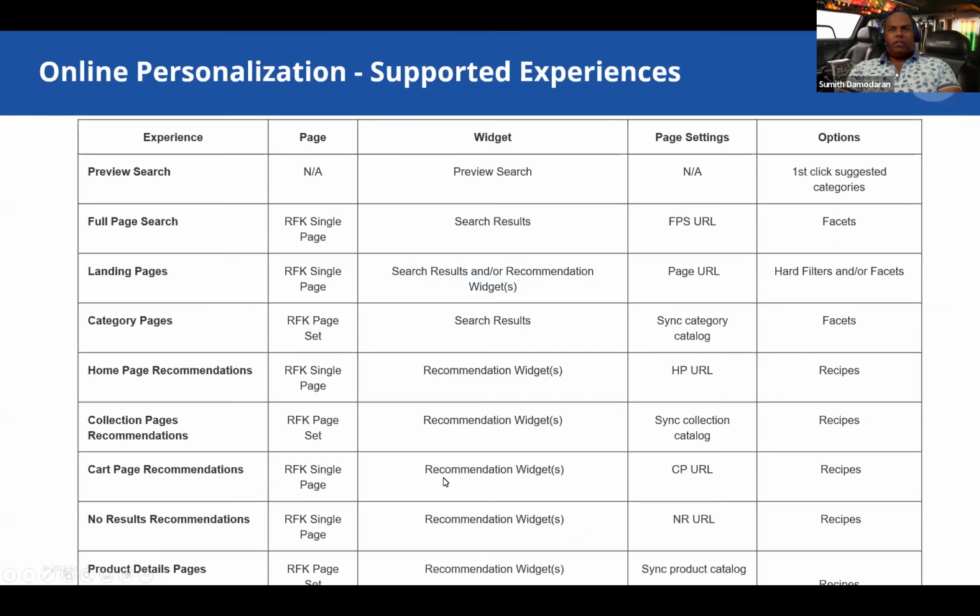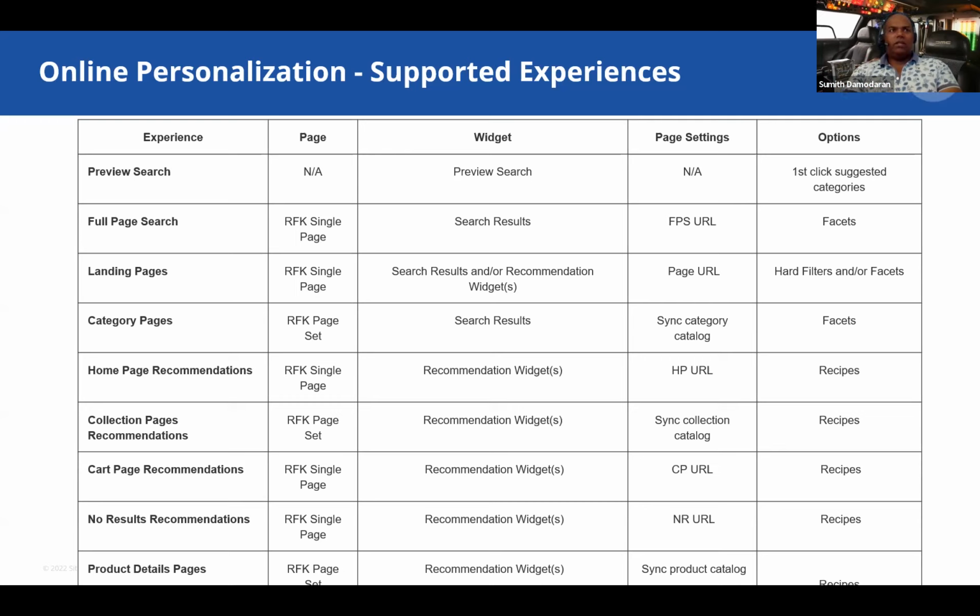I just wanted to reiterate this one. Similar concept to people who have worked in the space of Sitecore, where we build pages or experiences and then you use widgets. In Discover, we call them experiences. So you have experiences for preview search, full page search, landing, category, etc. And for them, you use different types of widgets.